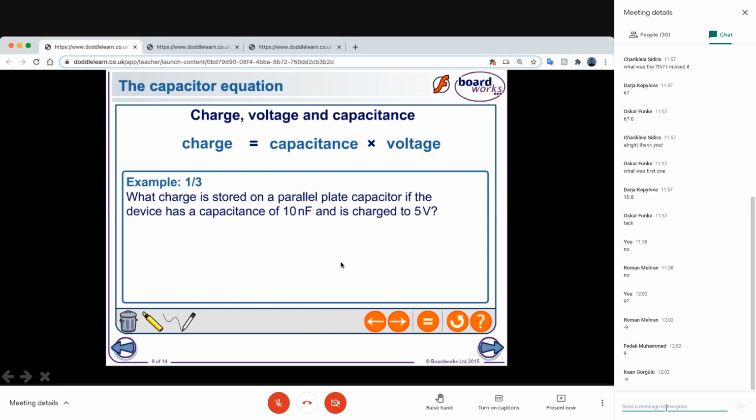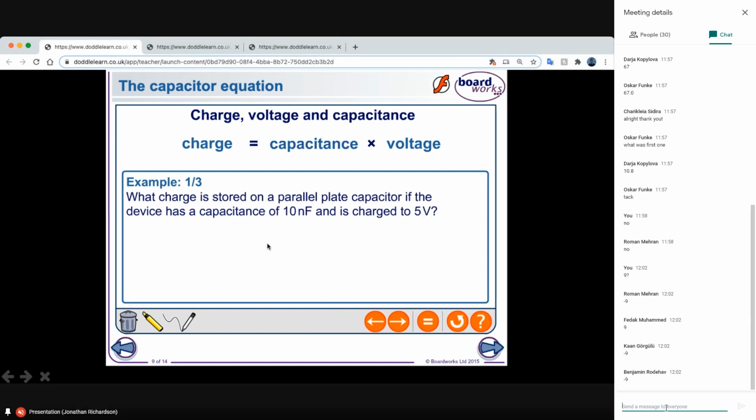Minus 9, correct? So we've got 10 times 10 to the -9. The voltage is 5 volts. So please work out the charge of your capacitor if you know its value and its voltage. Just work that out for me quickly, please.